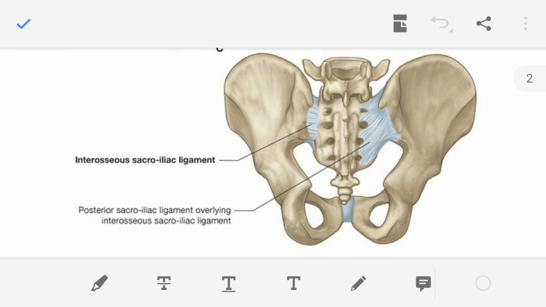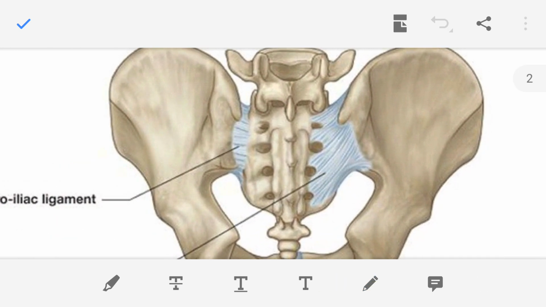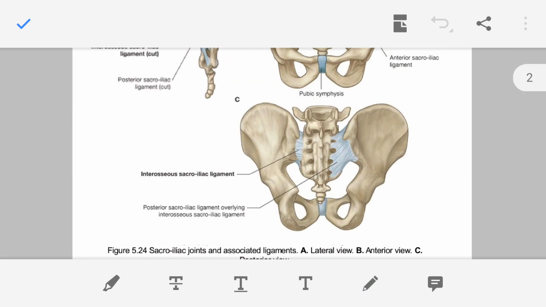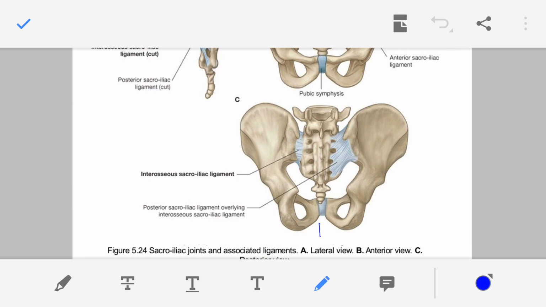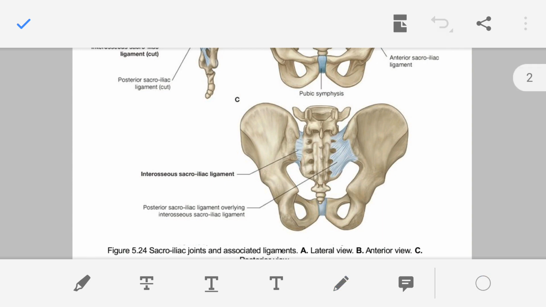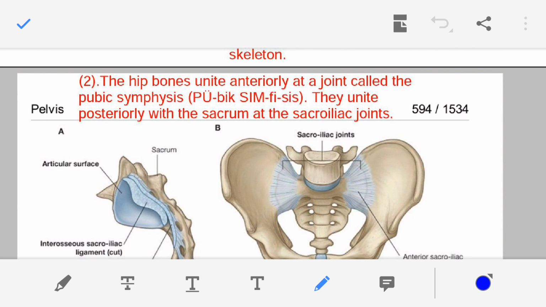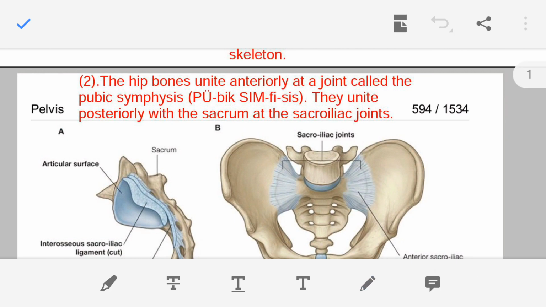So here also the sacroiliac joint is there, but we cannot see it because that joint is covered by this ligament. That's why. And again, this one is the pubic symphysis. So this is regarding the second point of our discussion.